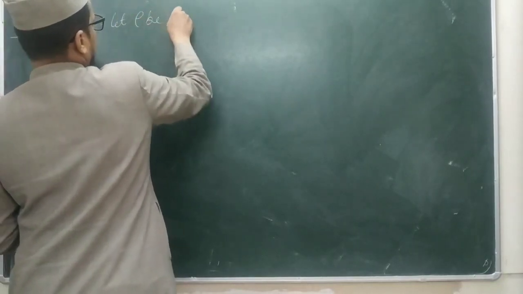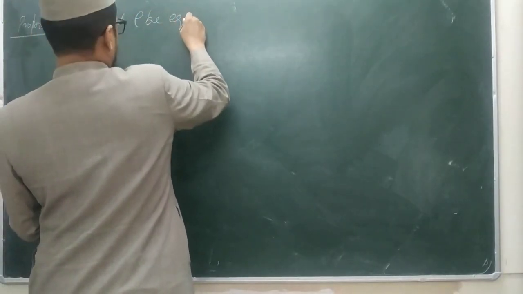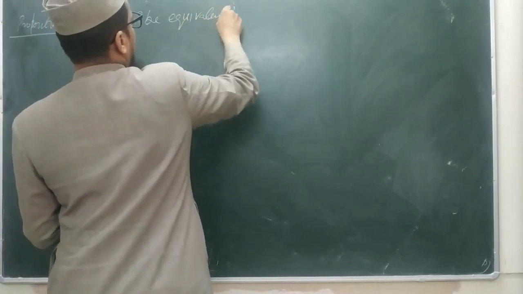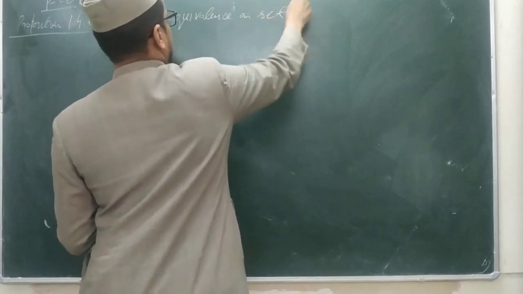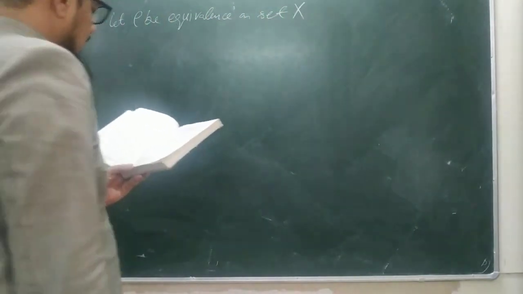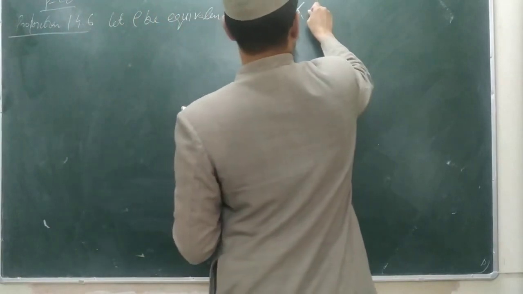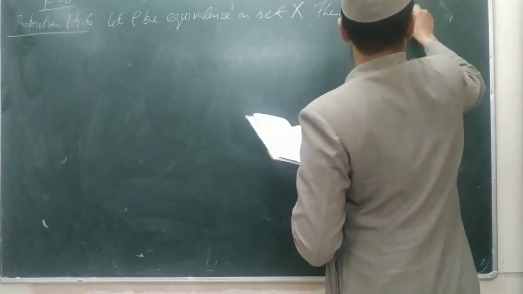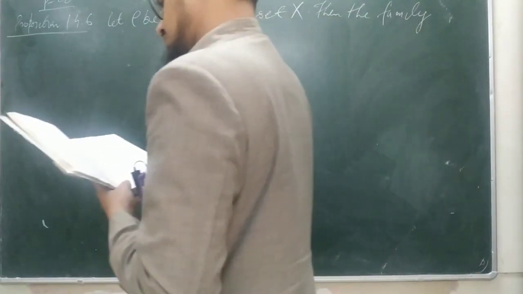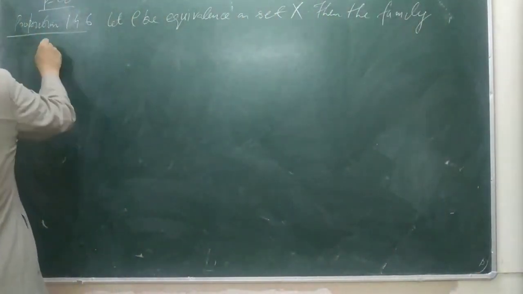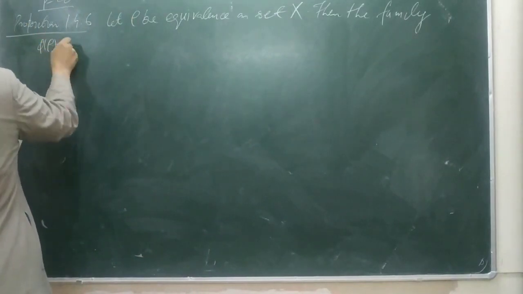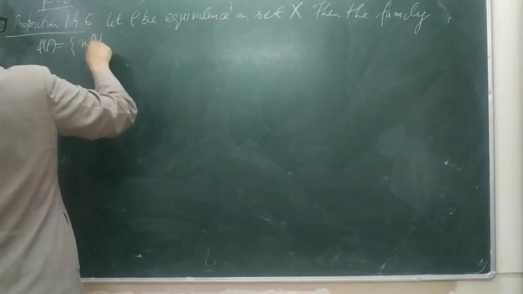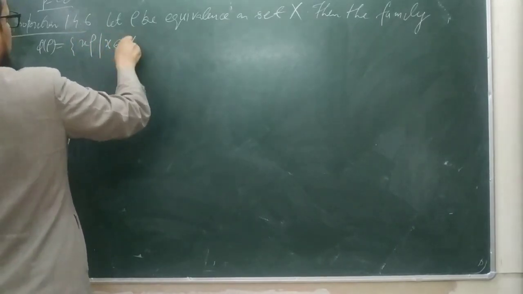Let rho be an equivalence on set X. Then the family phi rho is equal to the set of x rho such that x belongs to X.